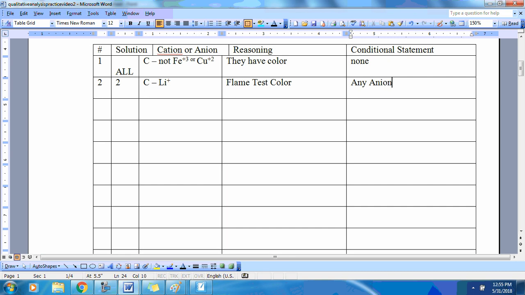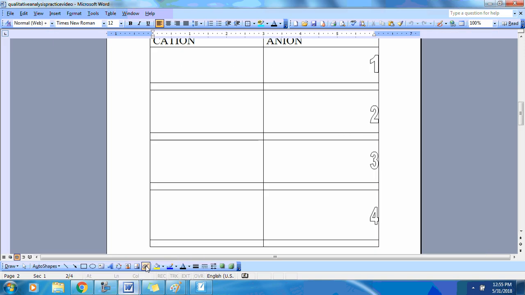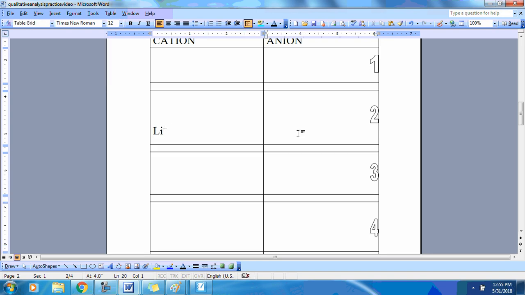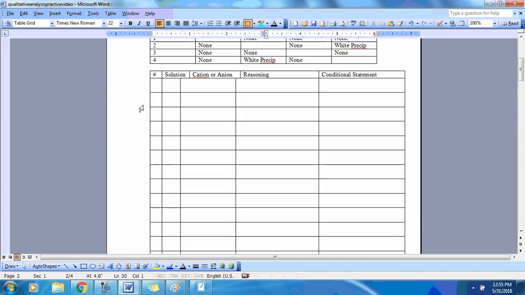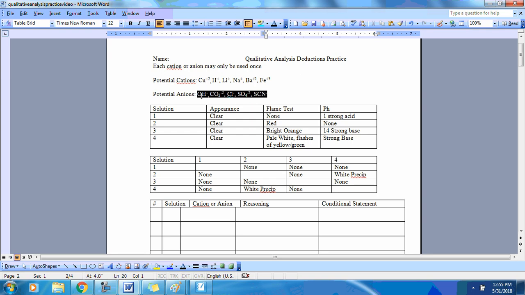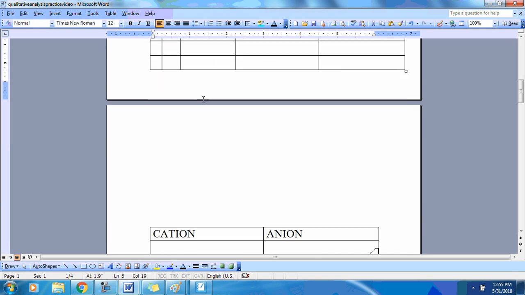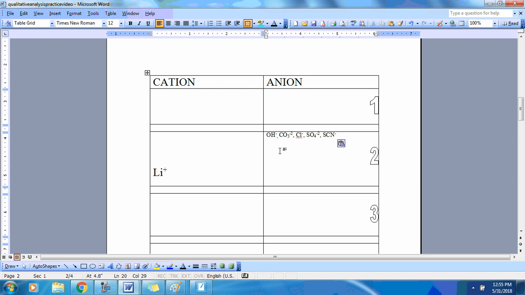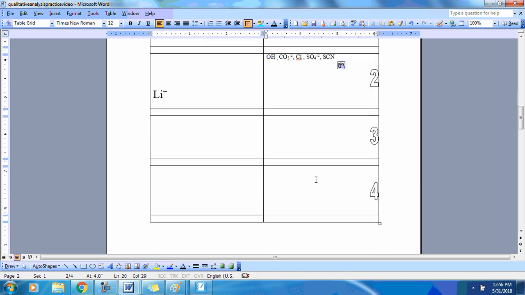On my answer sheet, I'm going to write Li plus, and I'd probably write that a lot bigger so you could actually see it. Over here, I'm going to list all those anions, any of these, because I don't know which one it is, but it could be any of them. And then I could go from there.